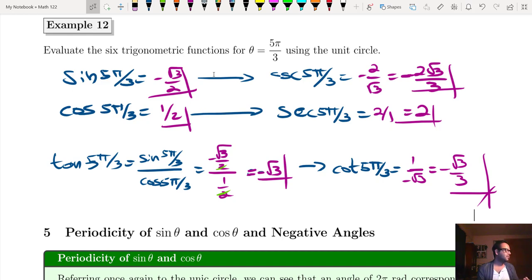Yes, we needed to spend a good minute on evaluating trigonometric functions just to show you at least three of the ways to evaluate these trigonometric functions. There's even more. If you put this topic on YouTube, you will find another way by using the fingers of your hand, right?